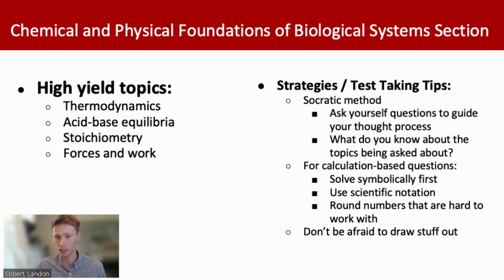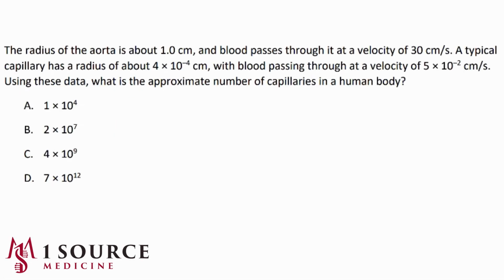So if you round your answers judiciously, you should be able to get every question right if you use the right arithmetic. And then lastly, I really encourage students to not be afraid to draw stuff out, especially with physics, free body diagrams. By drawing stuff out, you can really simplify what could seem to be a very complicated question down to something much more manageable. So here's a question.